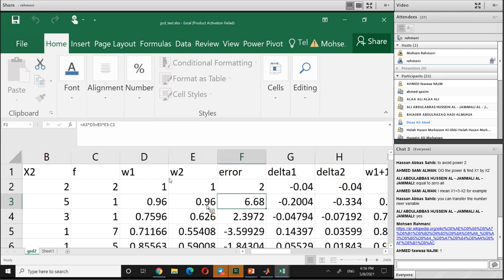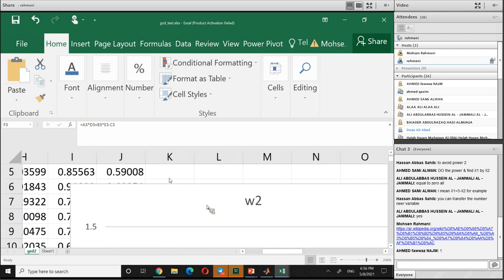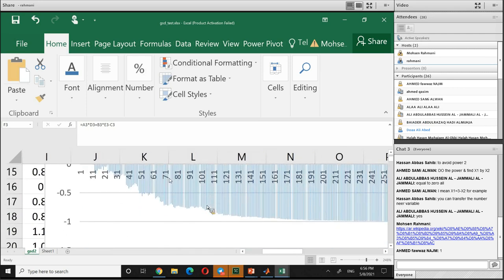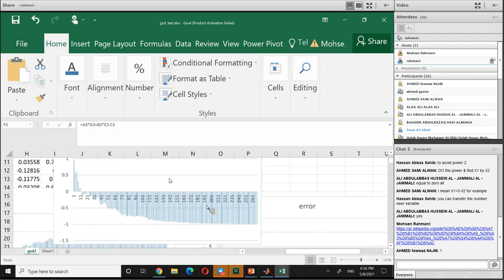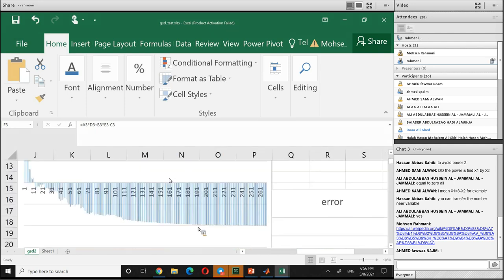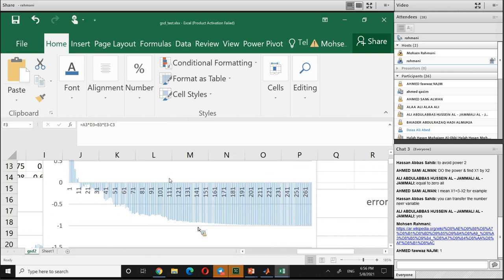By repeating this we can find W1 and W2, and we can find also error. If we have a look here, this is W2, and we see that W2 is -1 here. After enough calculating, we have received -1.